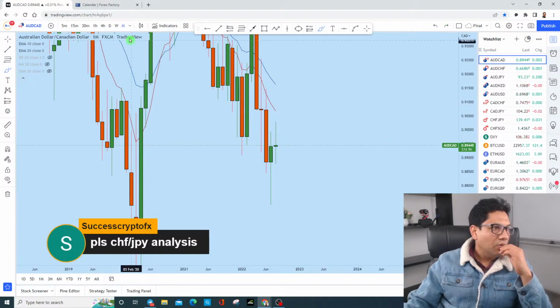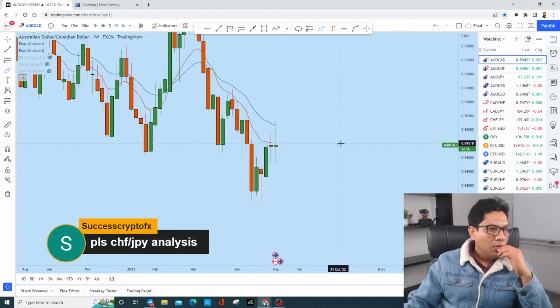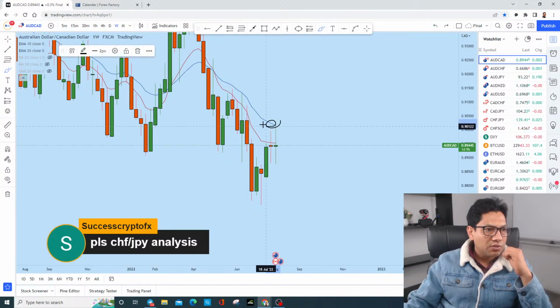Looking at the weekly, there is a bullish candle followed by this doji, and then the price crossed this high, with a rejection to the downside.